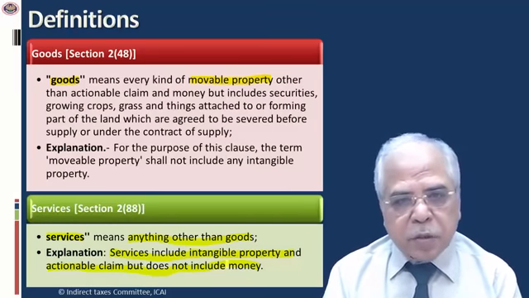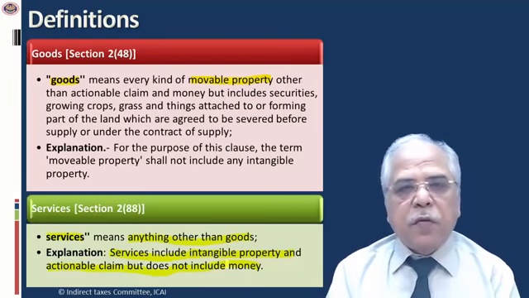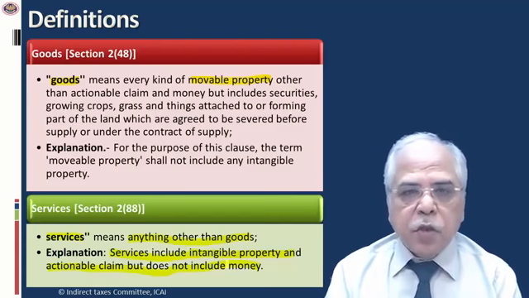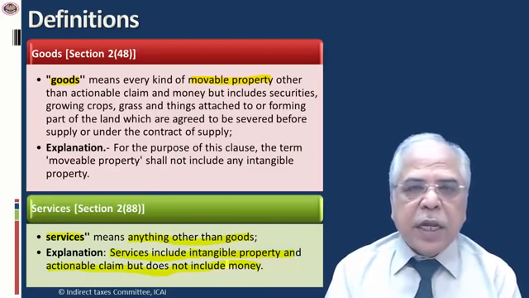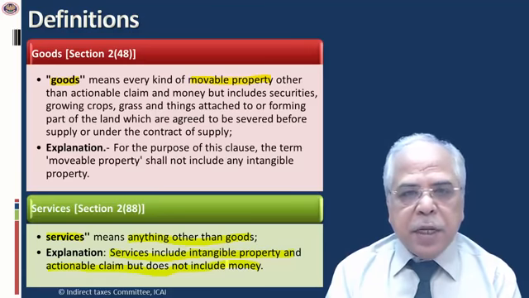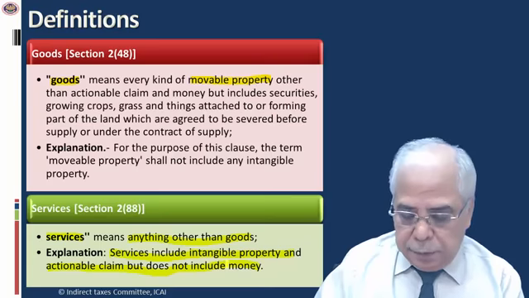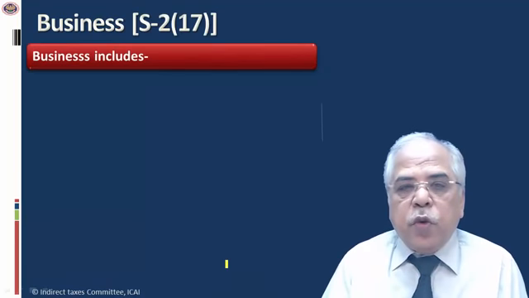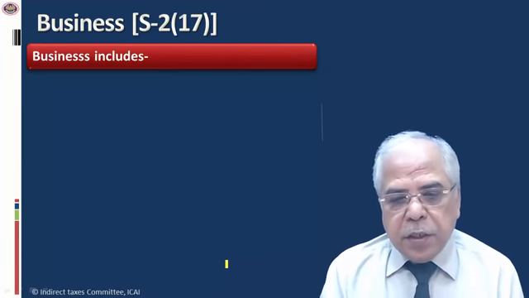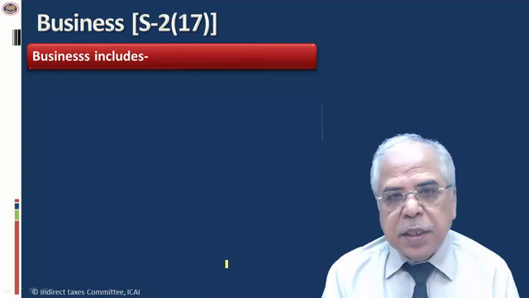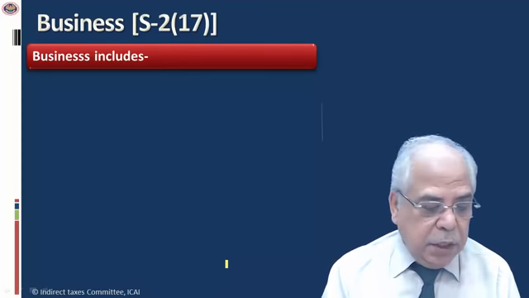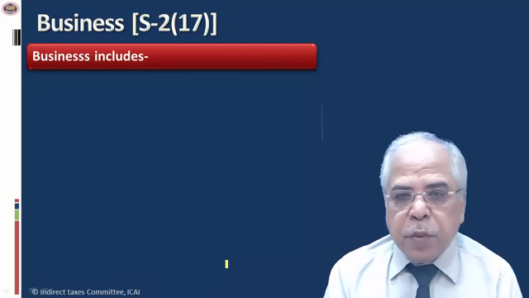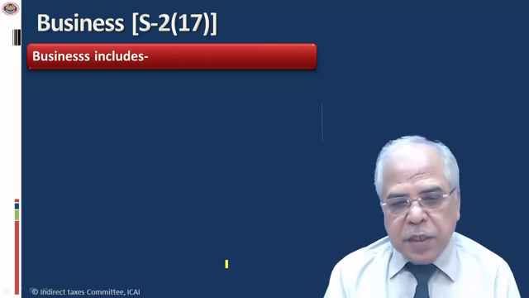So money is excluded from the definition of service, intentionally, so that transactions which are purely in money should not attract levy of GST. Now we will move to another important definition, that is the definition of business. As we have already discussed, normally the supply in the course or furtherance of business is the subject matter of GST.